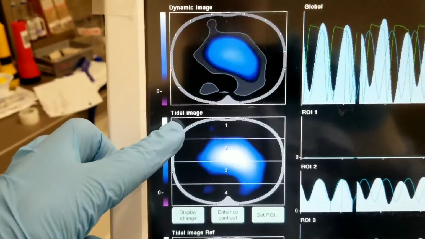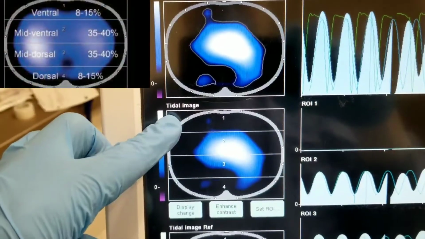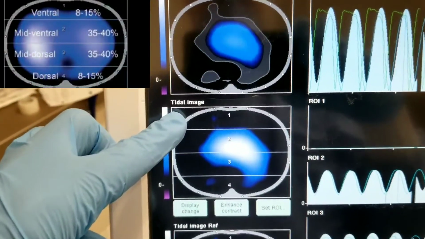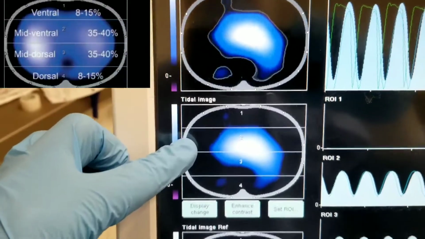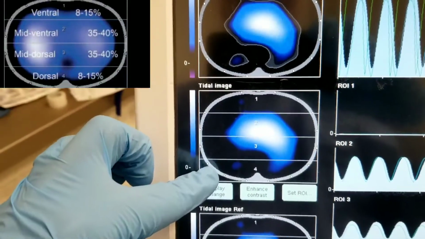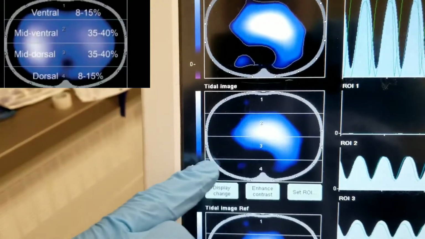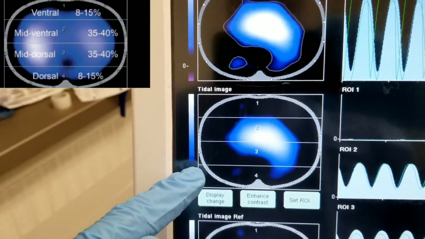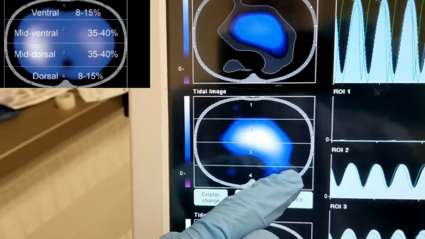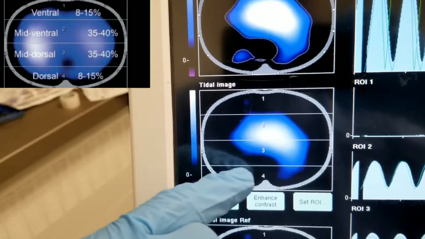This being the top of the chest, what we would usually call the ventral area. We have the mid-ventral area, the mid-dorsal, and then the dorsal. Assuming that the patient is supine, these would be the gravity-dependent areas where the blood is flowing, and we want to make sure that there's some aeration.